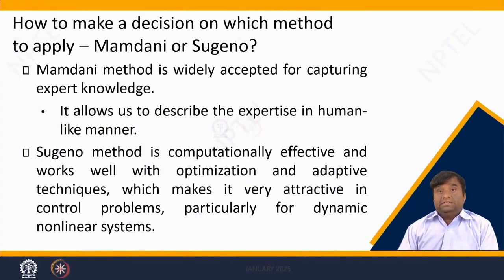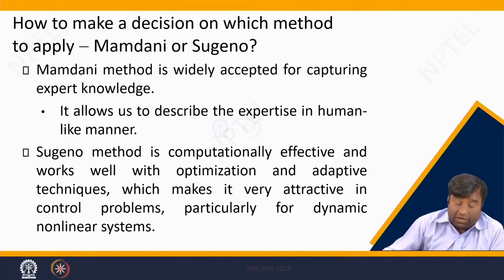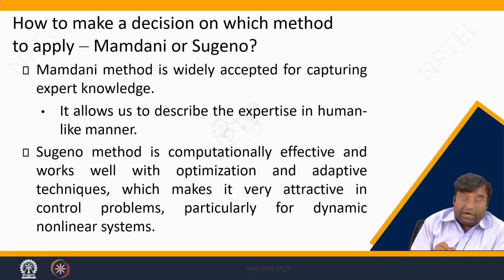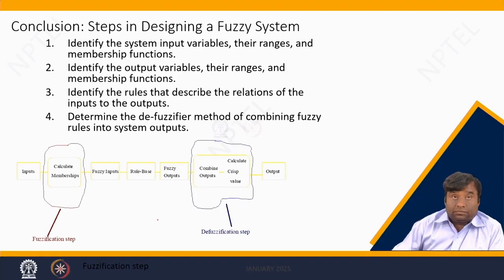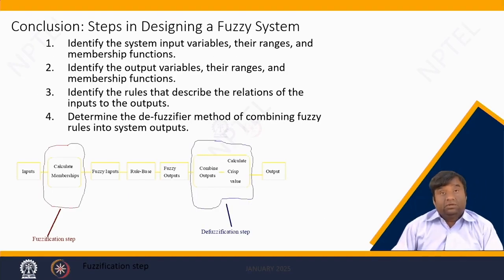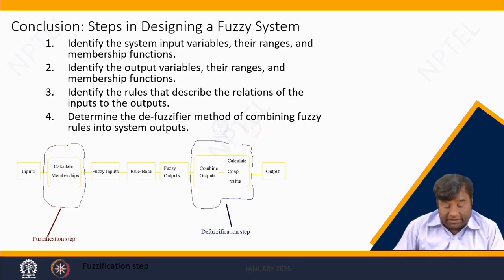So how do we decide whether to apply Mamdani or Sugeno? The Mamdani method is widely accepted for capturing expert knowledge. It allows us to describe the expertise in a human-like manner. The Sugeno method is computationally effective and works well with optimization and adaptive techniques, which makes it very attractive in control problems, particularly for dynamic nonlinear systems. So in this class, we have understood fuzzy inference systems.